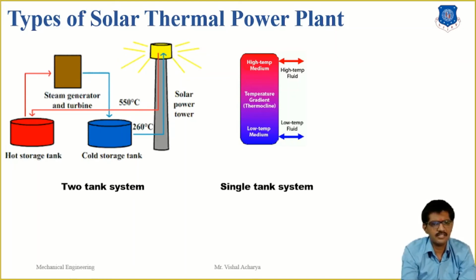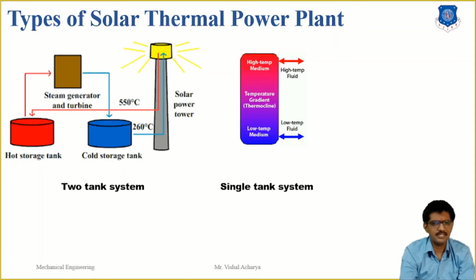A single tank thermocline system stores thermal energy in a solid medium, most commonly silica sand, located in a single tank. At any time during operation, a portion of the medium is at high temperature and a portion is at lower temperature. The hot and cold temperature regions are separated by a temperature gradient, or thermocline.